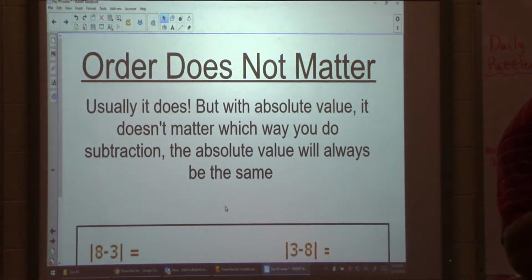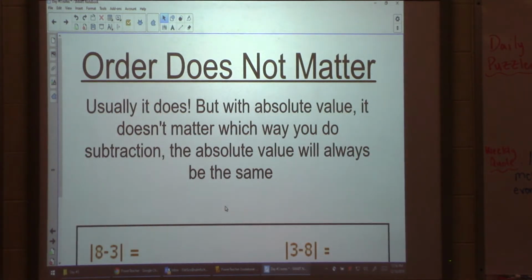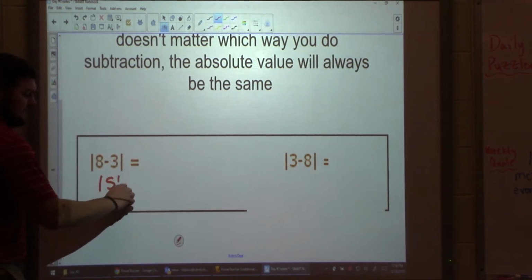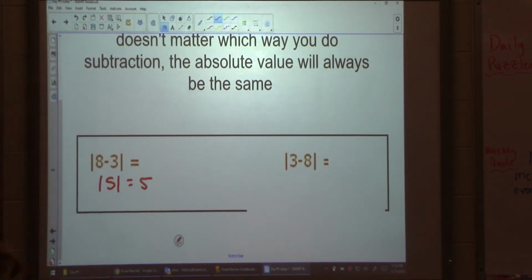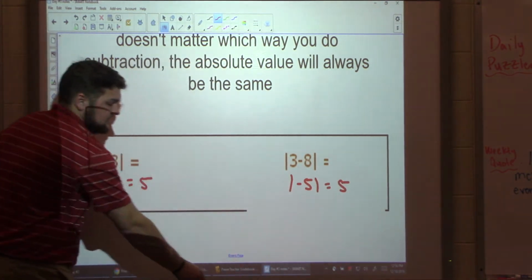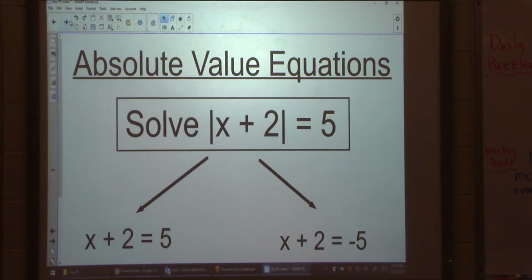If it's inside the absolute value symbols, it doesn't matter which way it goes. 8 minus 3 is 5, so the absolute value of 5 is 5. 3 minus 8 is negative 5, and the absolute value of negative 5 is 5. So as you can see, inside the absolute value sign, it doesn't matter the order. It should always come out to be the same. Cool? Sweet. Let's talk about solving then.